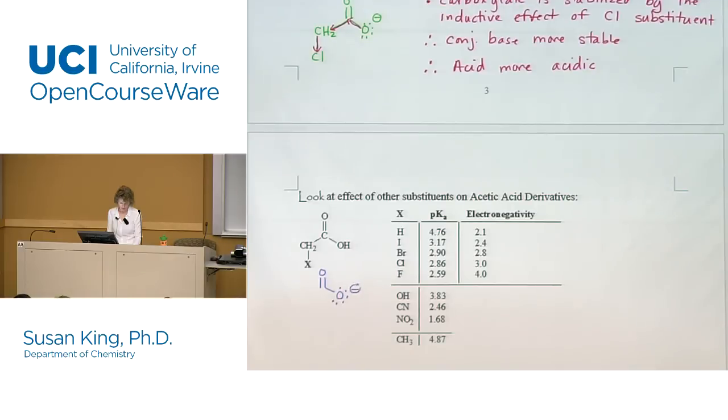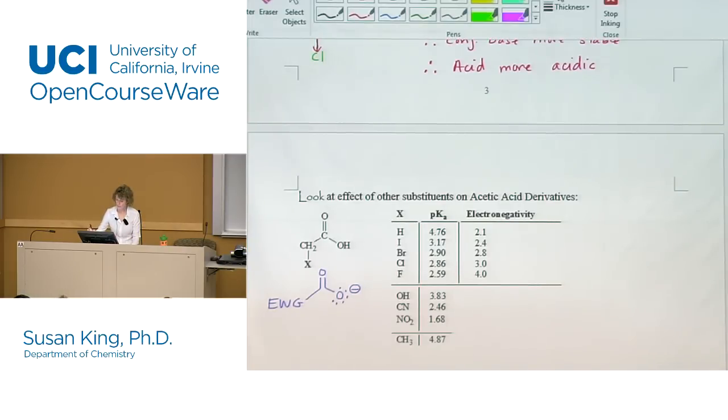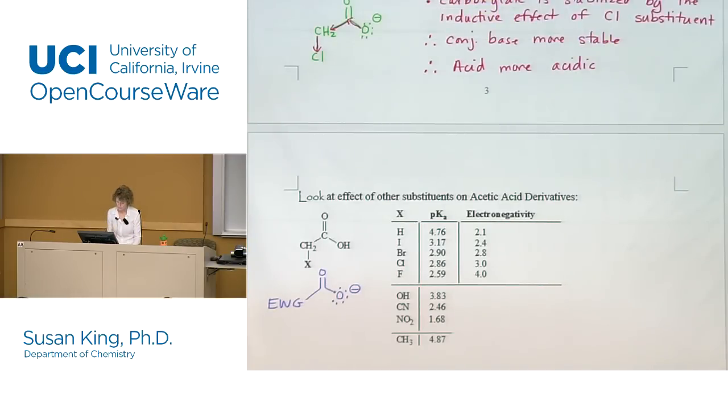We'll just repeat what we did on the previous page. If we have an electron withdrawing group here, EWG, it's going to pull electron density away and stabilize the conjugate base. And depending on how good that electron withdrawing group is, it's going to do a lot of stabilization, or it's going to do a little. It's going to affect the acidity.